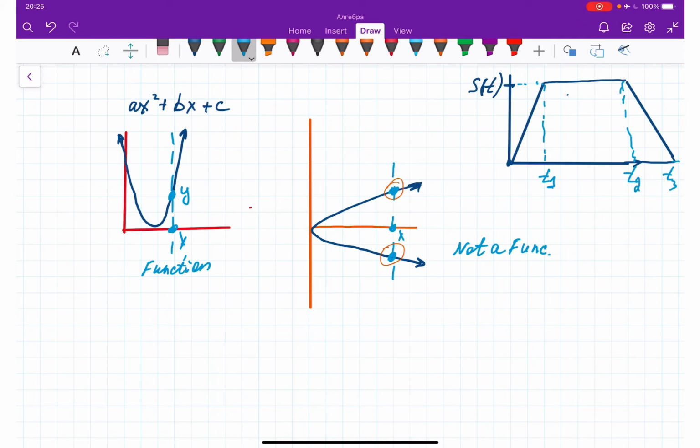So what is interesting? On the way back, the student can be on the same distance twice. When going, let's say S of T0, here this is what I call T0, and this one will be T0 prime, for example.